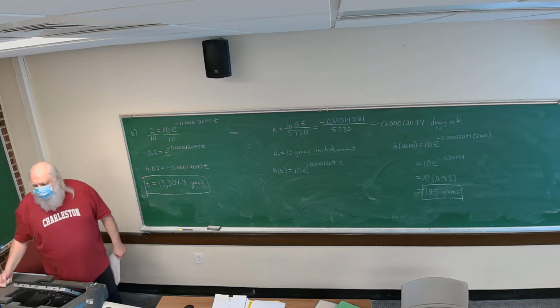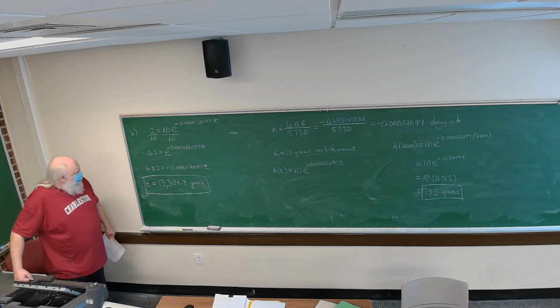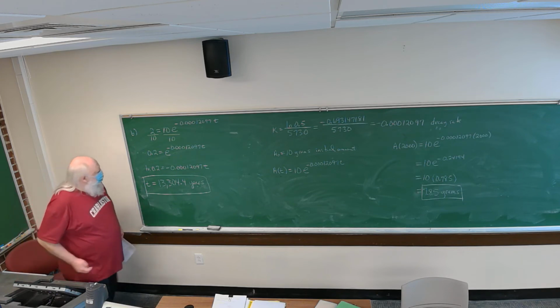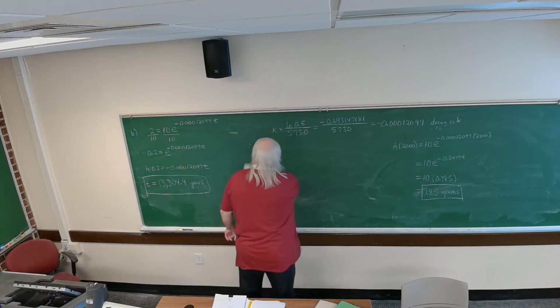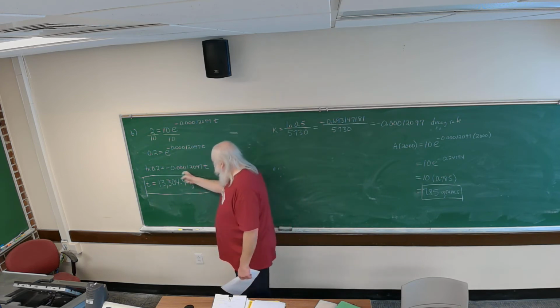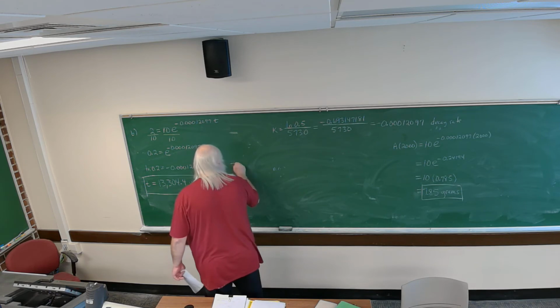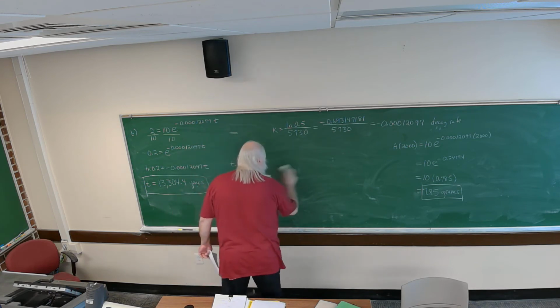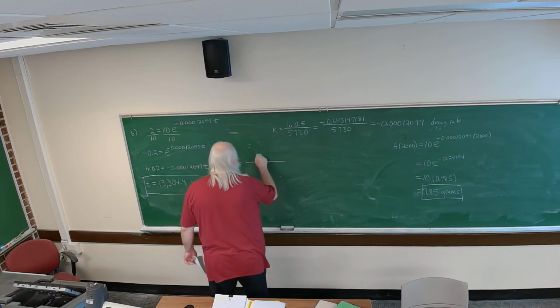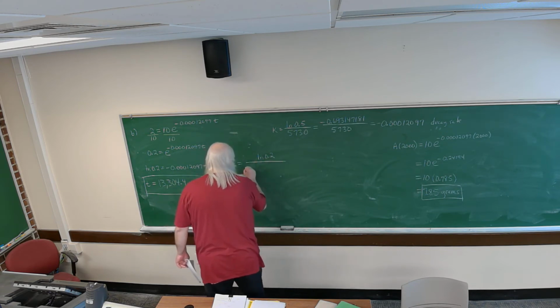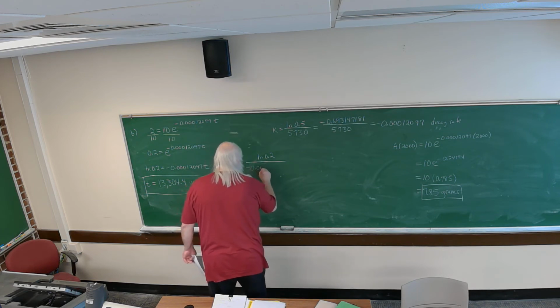Yes, sir. So you say you divide the natural log of 0.2? Yeah, so we divide both sides by this decimal, and so you get t is equal to the natural log of 0.2 divided by minus 0.0001209.